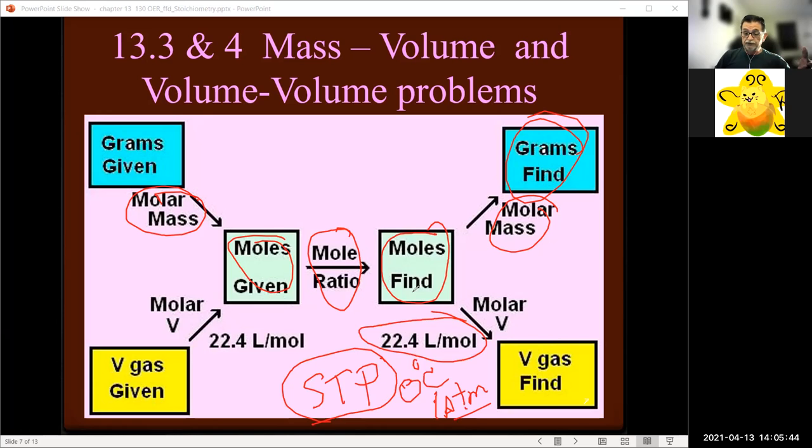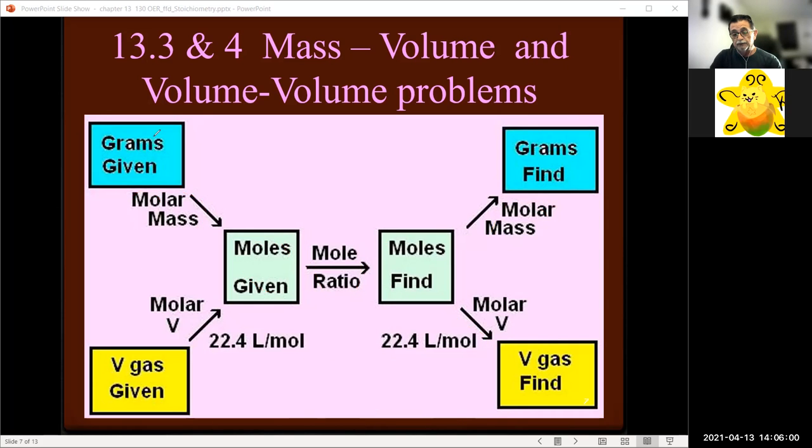So from this point, you can incorporate those type of calculations with those reactions that don't deal with STP conditions. But regardless of that, I can go from grams given all the way over to the bottom left corner to figure out the volume if I'm at STP only.